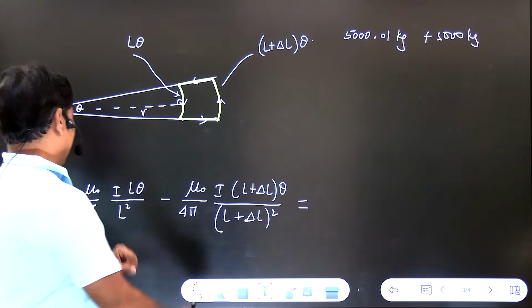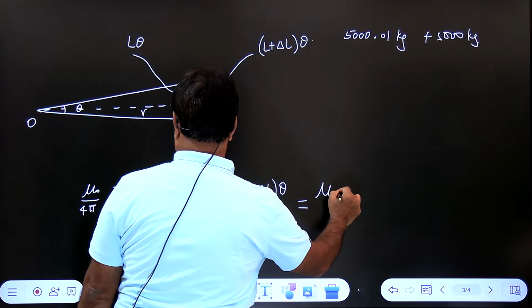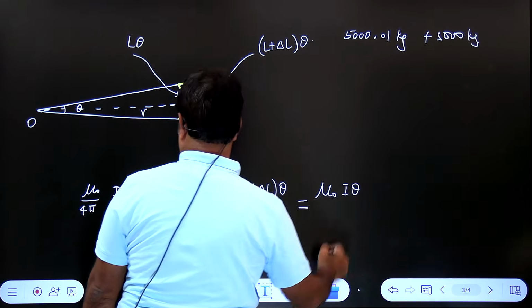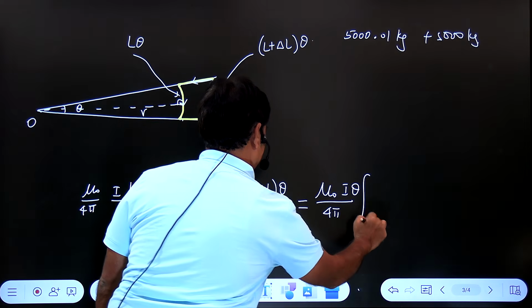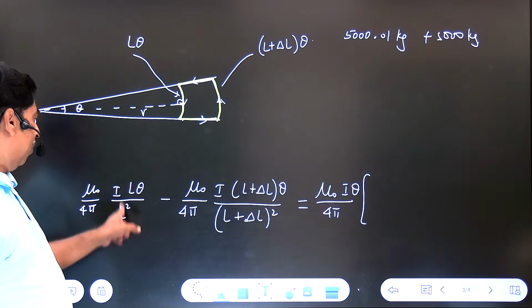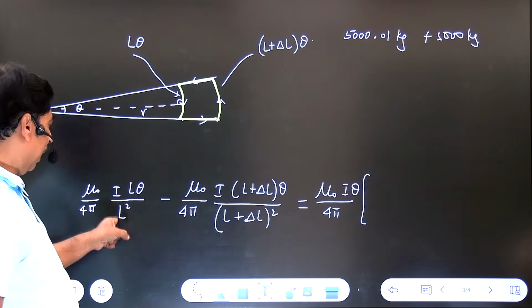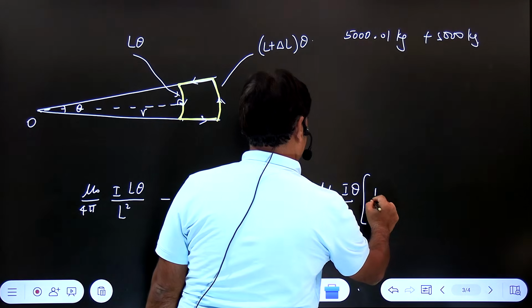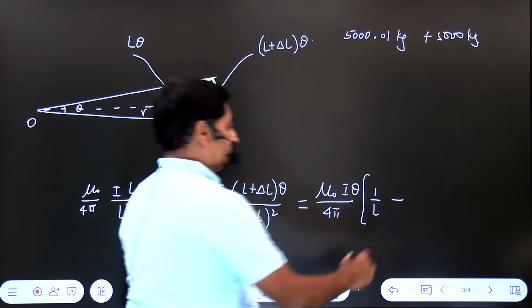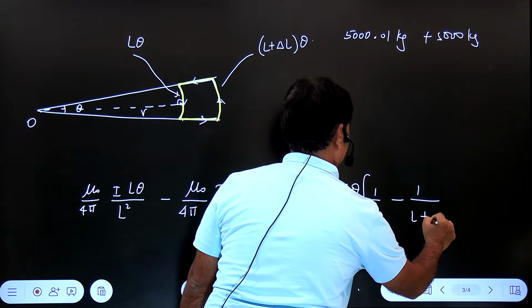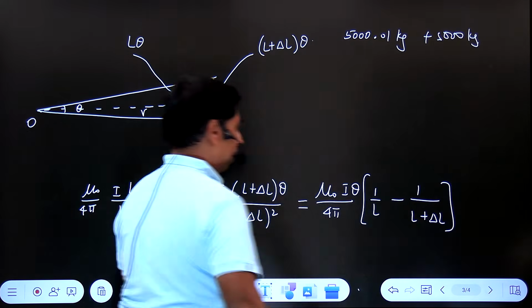Obviously, I can write it as mu naught I theta by 4 pi, and here I am left with 1 by L. L cancels out, and here I am left with 1 by L plus delta L. Right.